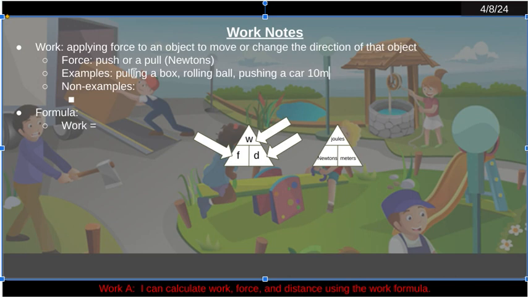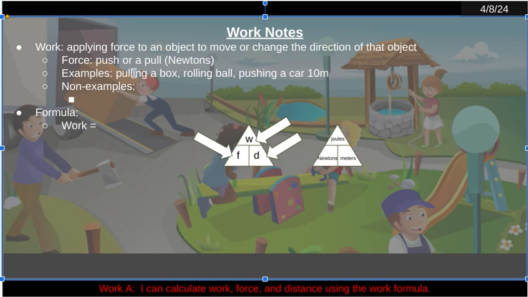I didn't say just pushing a car, because I could push on a car, and if the car does not move, zero work is being done. Mathematically, if there's zero distance moved, there is zero work being done. It doesn't matter how much energy I use or how much time and force I put on it. If it moves 0 meters, then there is zero work being done.